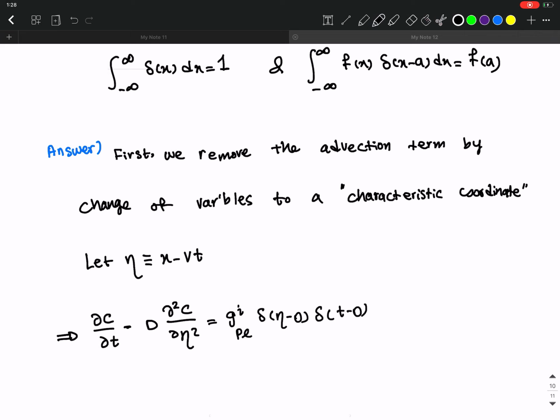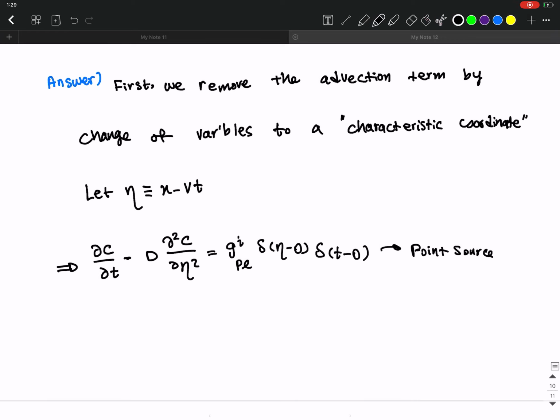So I changed x to eta. This is kind of a point source released at eta and t, and this is now the converted equation.